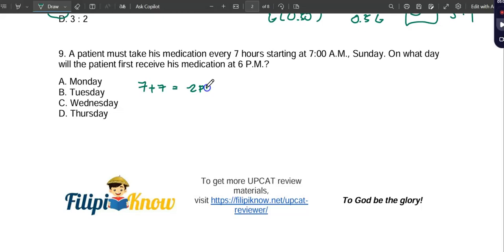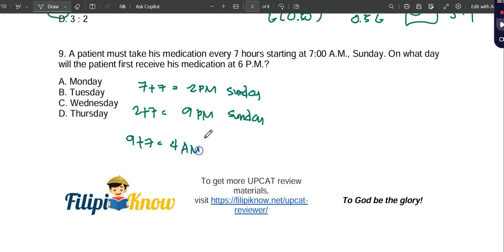Or 2 p.m. Anong day ito? The same day, Sunday, of course. Sunday pa rin yan. And then 2 p.m., 2 plus 7, this gives you 9 p.m. Anong day yan? Still Sunday, no?